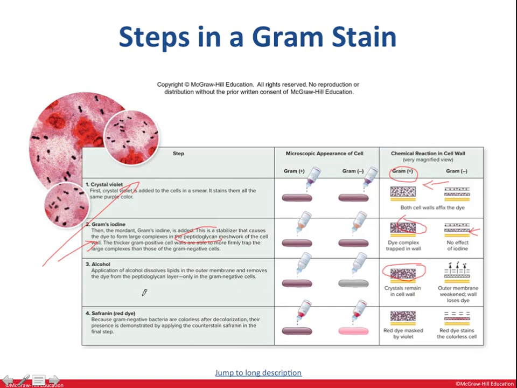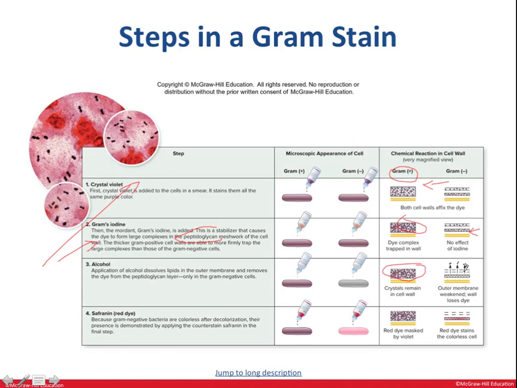However, for the gram-negative cells, the cell wall is very thin. Also, the alcohol can destroy the outer membrane, because the outer membrane is made of phospholipid. Phospholipid can be dissolved by alcohol, so the gram-negative cells lose their outer membrane.